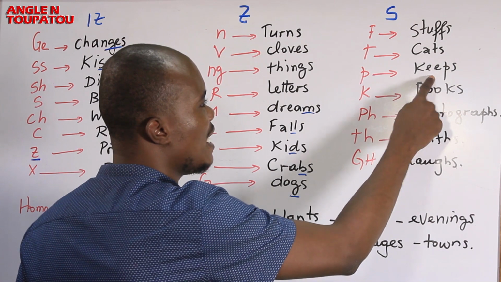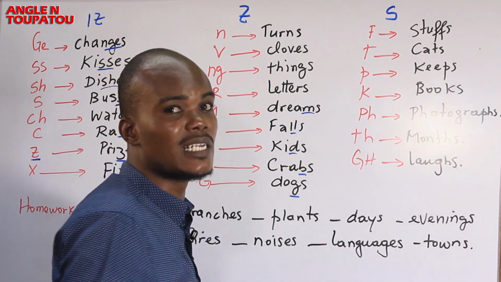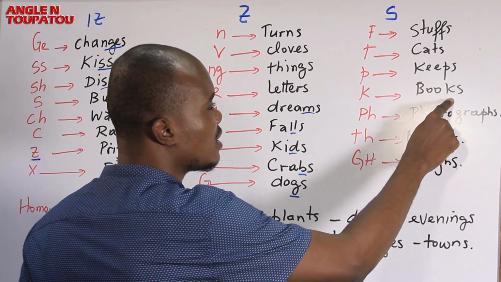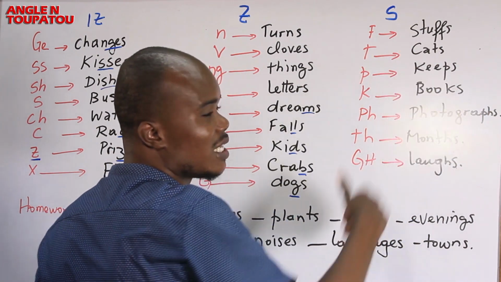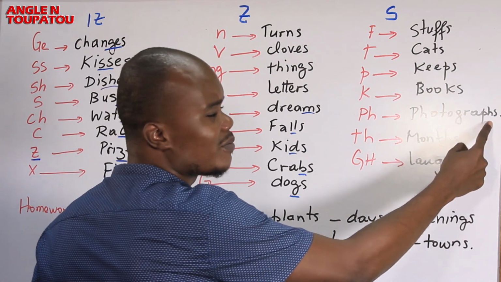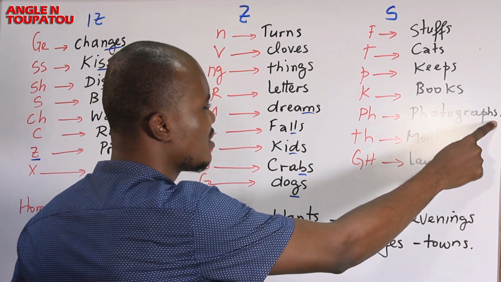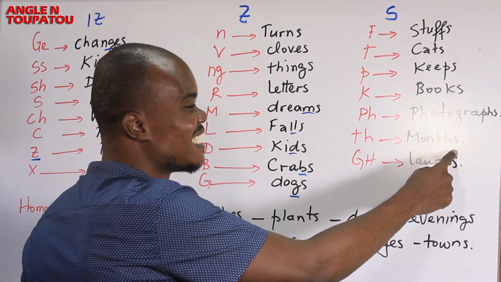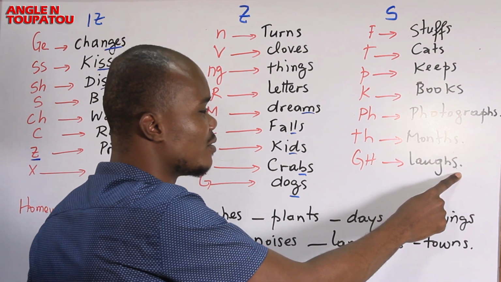You say keeps, P, S, keeps. You pronounce the letter S in books, K, voiceless. These are voiceless sounds before the letter S. And photographs, okay? And we say months, laughs.